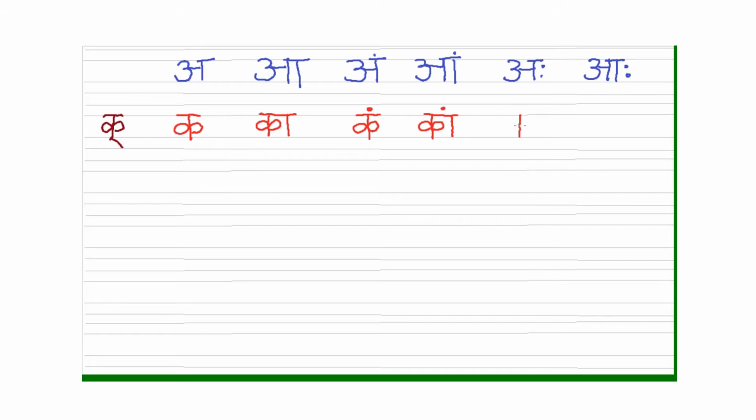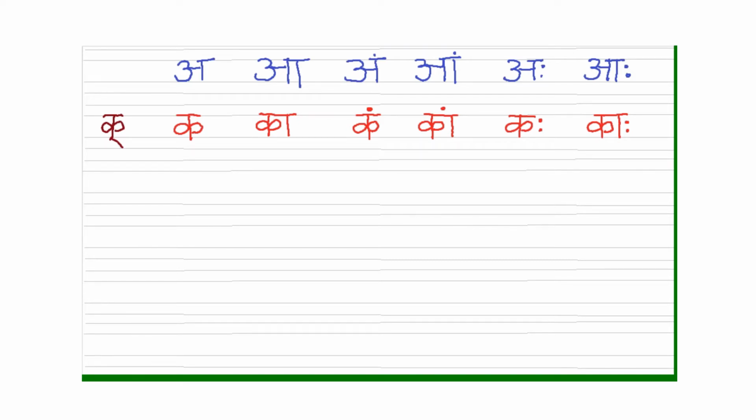And likewise, I write the ka with the two dots next to it, which is the visargaha, and that gives us kaha. And similarly, I write the kaa and the visargaha, which gives us the kaaha. So we have ka, kaa, kam, kaam, kaha, kaaha.